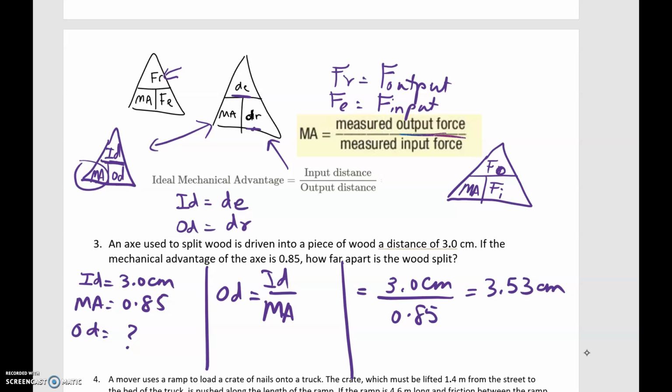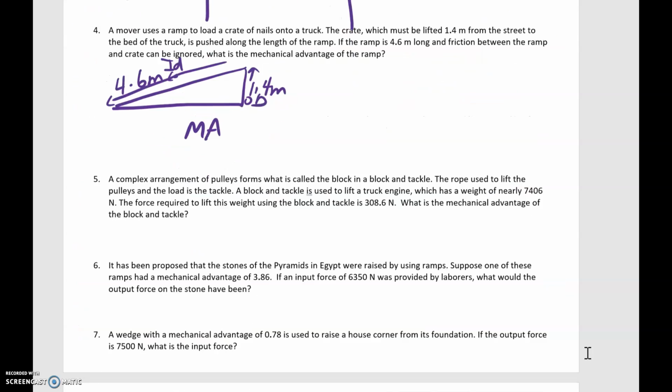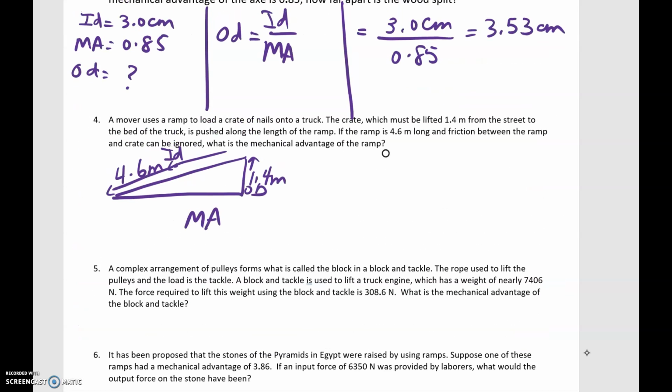So input distance divided by output distance. Input is the work that you're doing on the ramp right here, 4.6 meter, and the output is 1.4 meter.